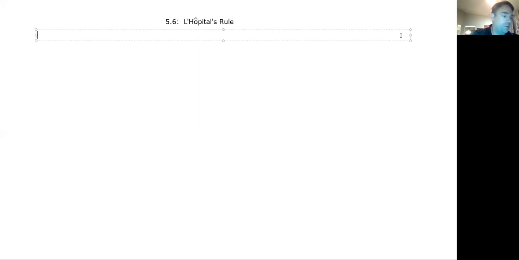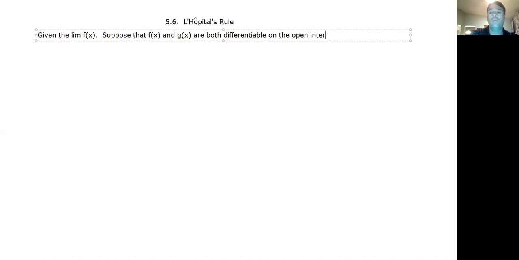Anyways, here's what L'Hôpital's rule says. Given the limit, and I'm going to have to come back to this in a second, suppose that f of x and g of x, so there's going to be a g of x in there, friends, are both differentiable on the open interval containing some x equals a.